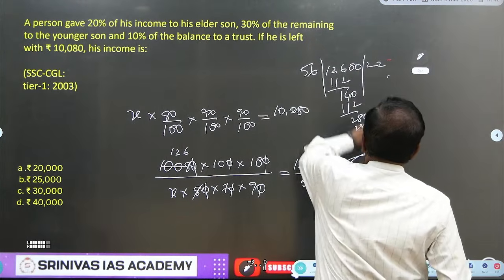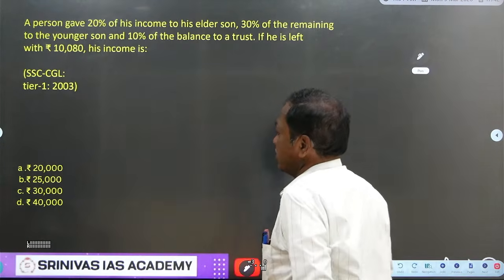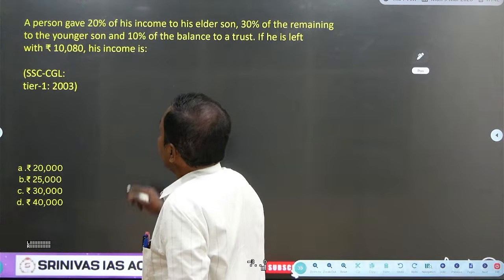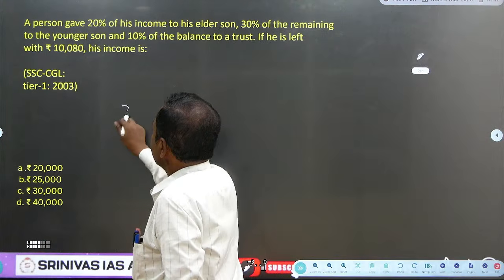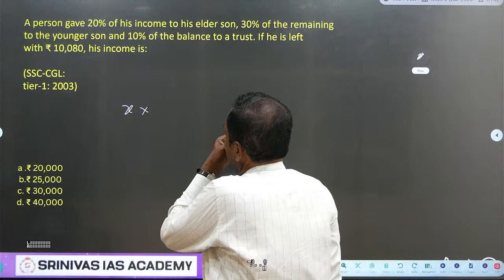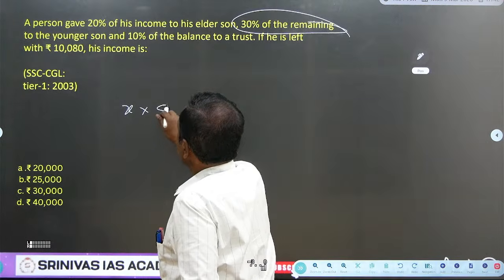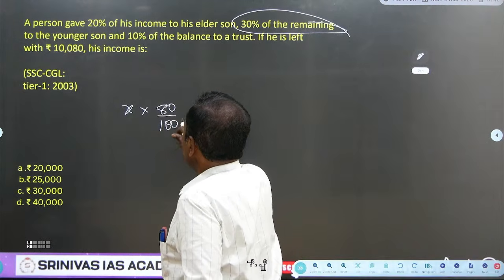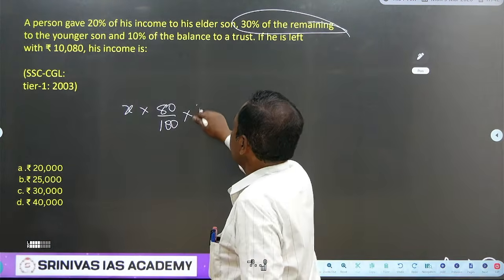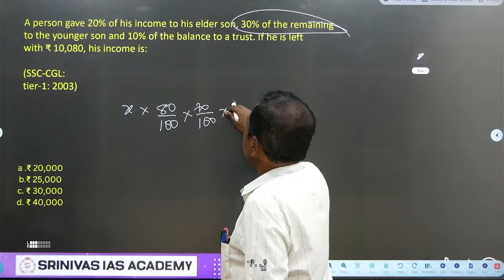Where am I going wrong? Did I understand the question or not? See, this is X, into 20% of his income to his elder son. 30% of the remaining balance; the remaining is 80%. 30% of the remaining into 70%, into 90%.